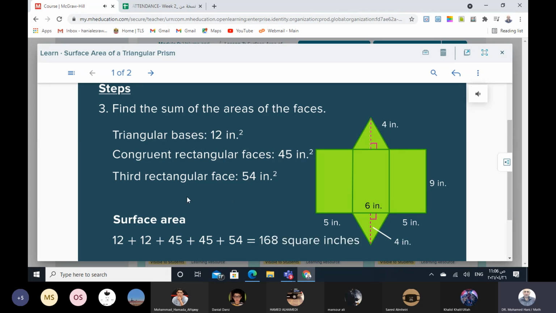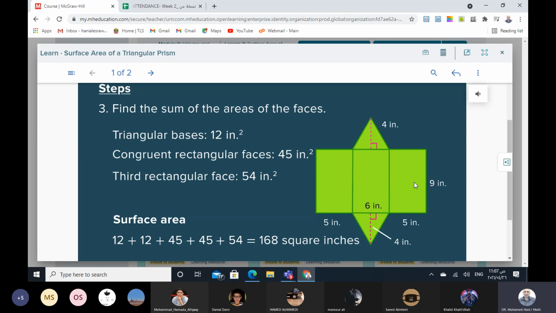So to find the surface area now, find the sum of the areas of the faces. The area of each triangle is 12, we have two triangles, means we can write 12 plus 12 or 2 times 12. Then we have two congruent rectangles.